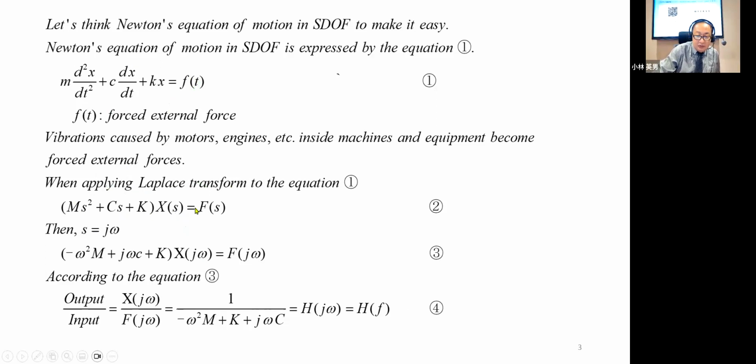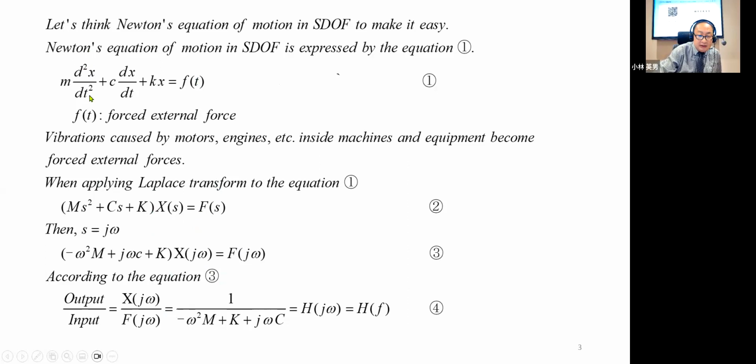This equation is given by the Laplace transform of equation 1. It's easy to do the Laplace transform like this.